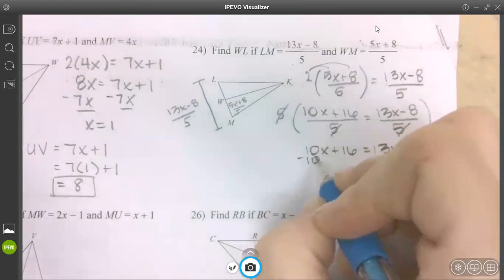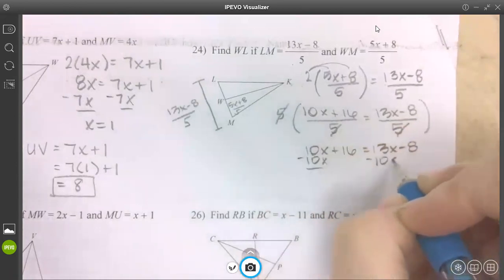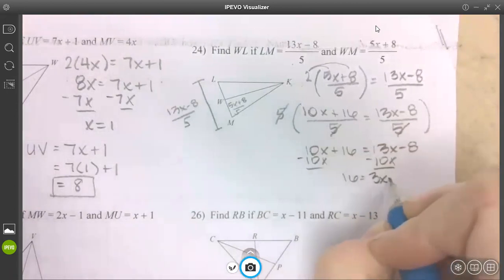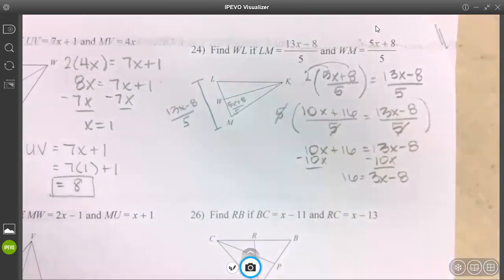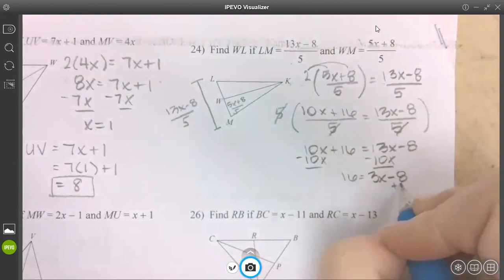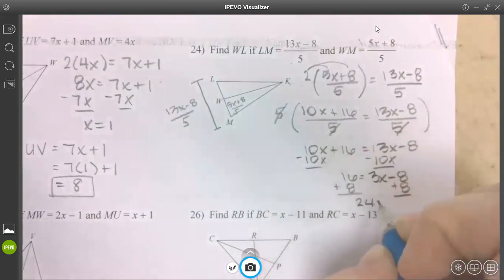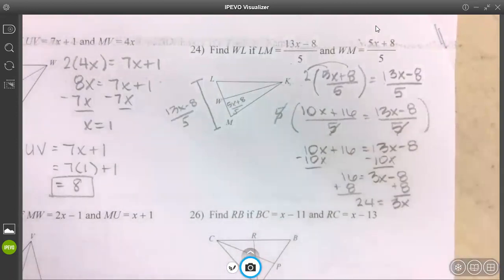I always move my littlest x. I'm going to subtract 10x, and I get 16 equals 3x minus 8. We're going to add 8, and we get 24 equals 3x. We're going to divide by 3, and we get that x equals 8.